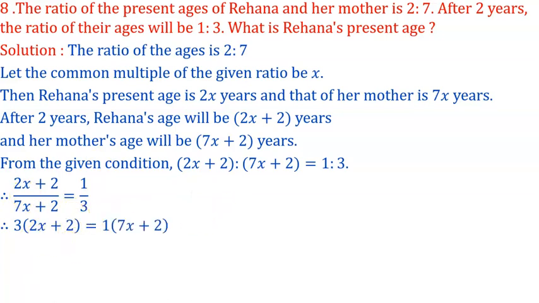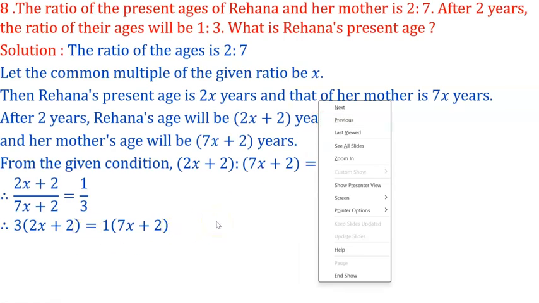Next, after cross multiplication, that is 3 in bracket 2x plus 2 is equal to 1 in bracket 7x plus 2. Next simplification, that is 6x plus 6 is equal to 7x plus 2.